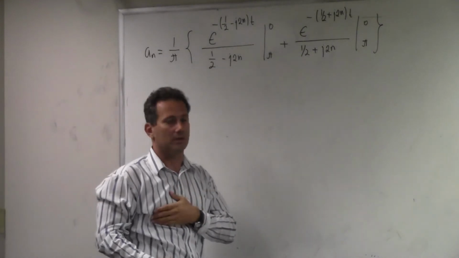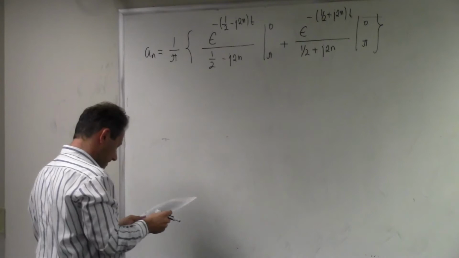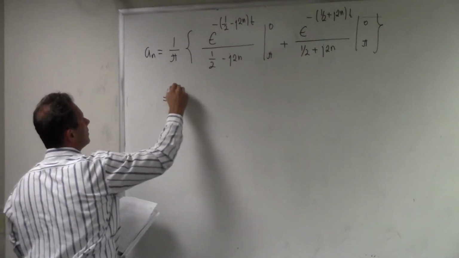of the integration. And this reduces quite nicely. So this is 1 over pi.